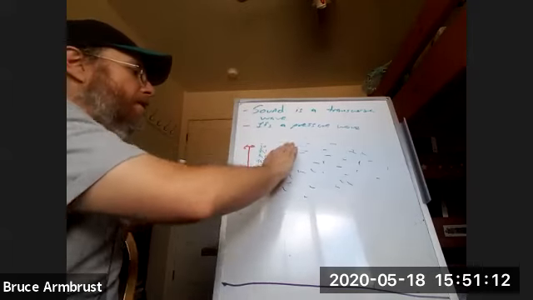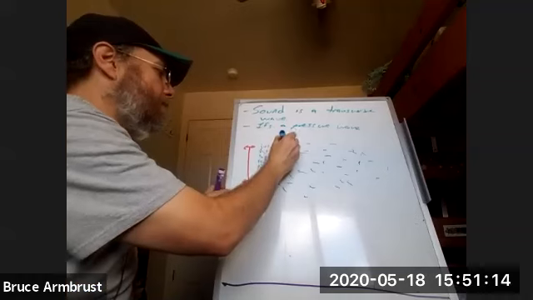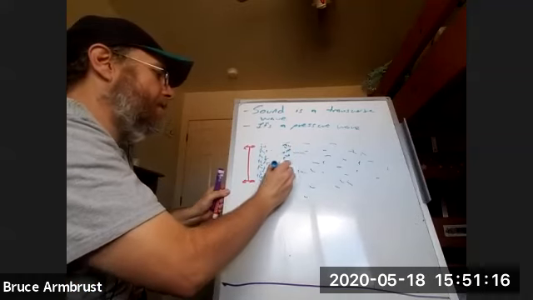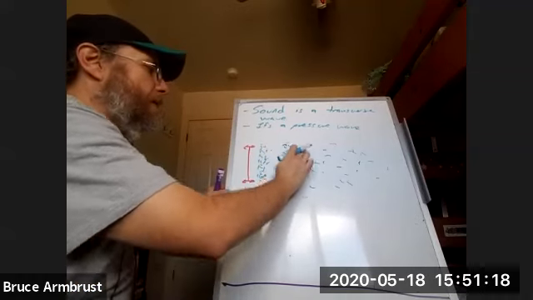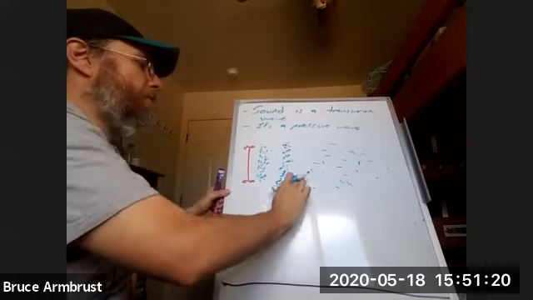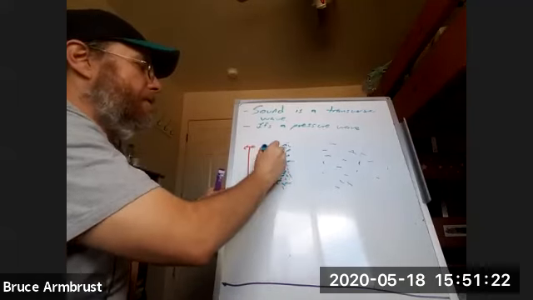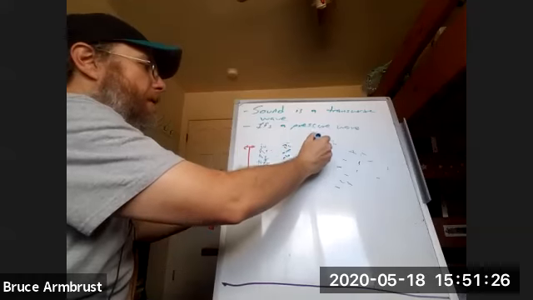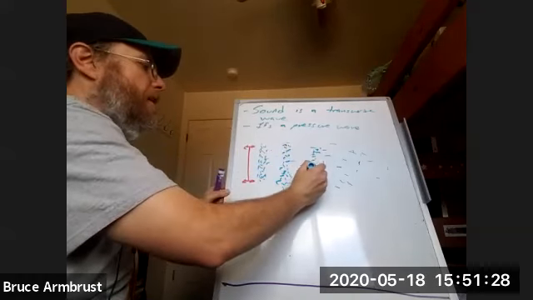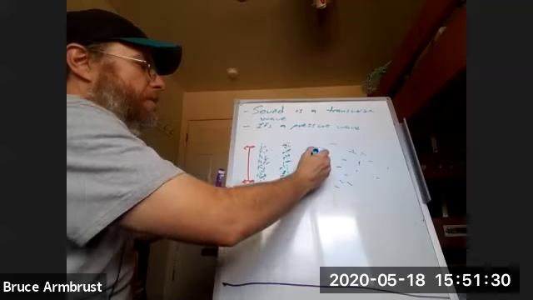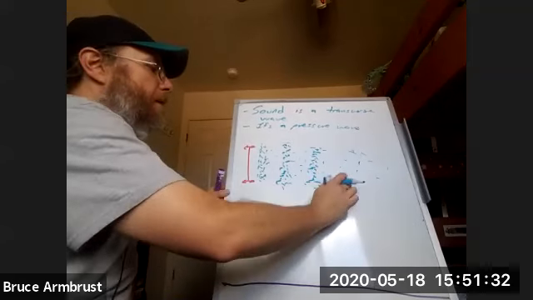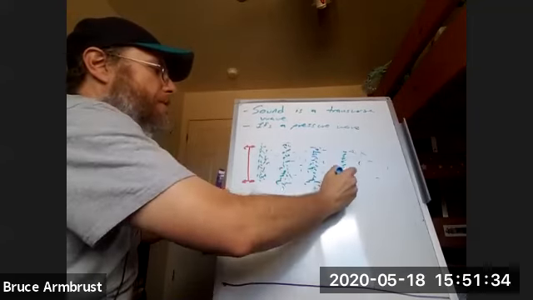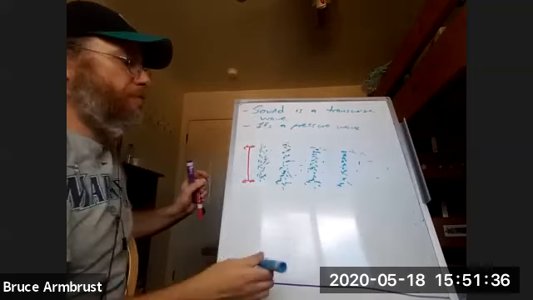And so what ends up happening is we start seeing a series of places where all the particles are really heavily condensed, followed by spaces of not much, followed by spaces of lots, not too many, lots, not too many.